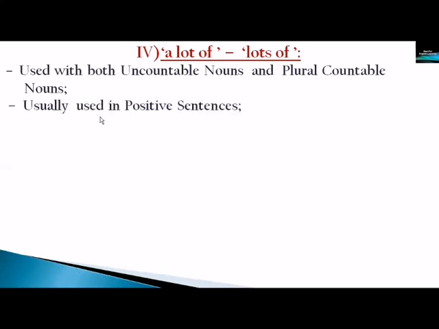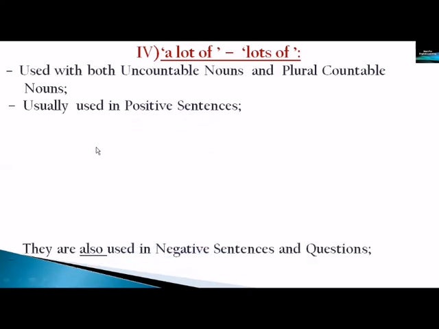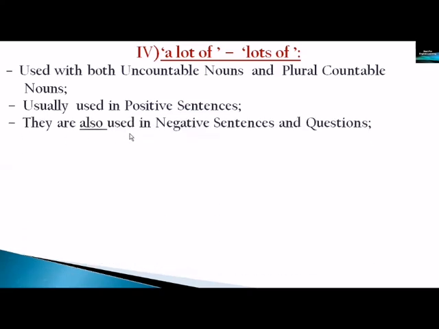They are usually used in positive sentences. They are also used in negative sentences and questions. So we can use them with uncountable nouns and with plural countable nouns, in positive sentences, negative sentences and questions.